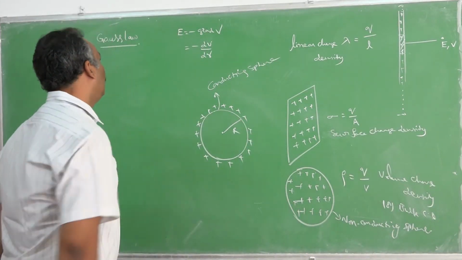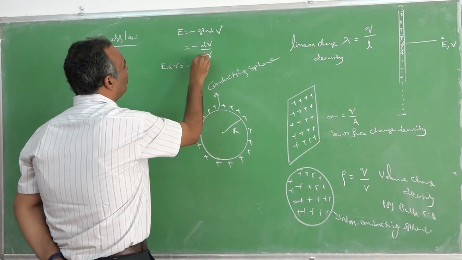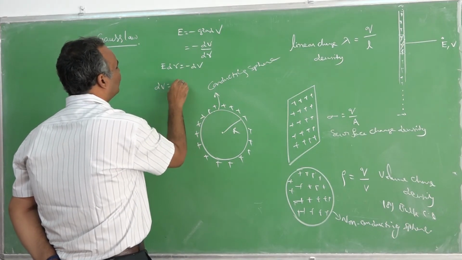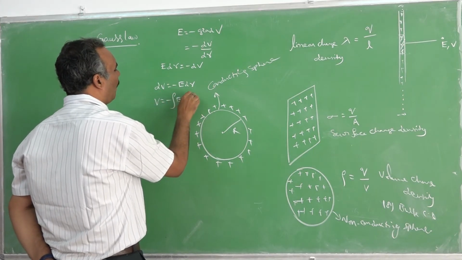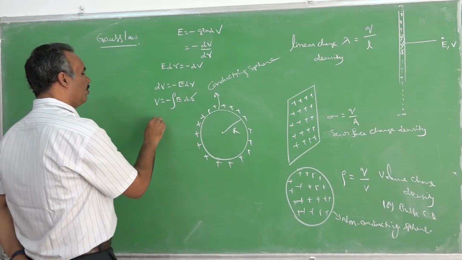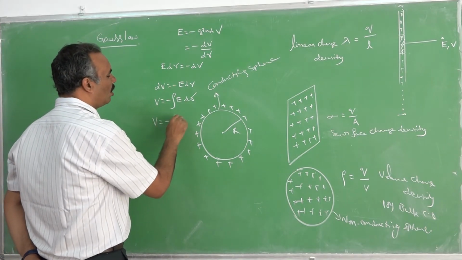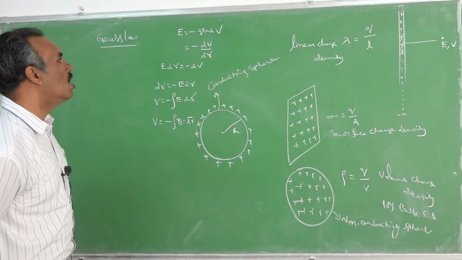Sometimes you may bring this dr to this side. E dr is equal to minus dV, then dV is equal to minus E dr, then V is equal to minus integral E dr. Strictly speaking, V is equal to minus integral E bar dot dr bar. Anything you can take.